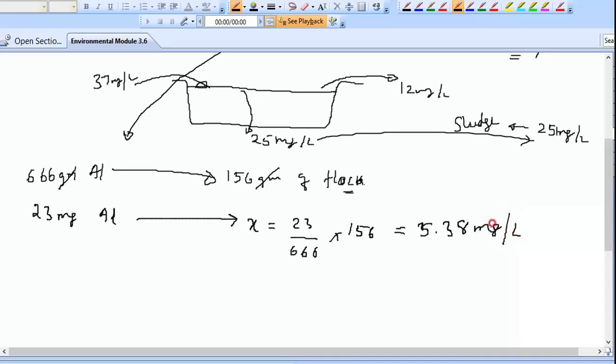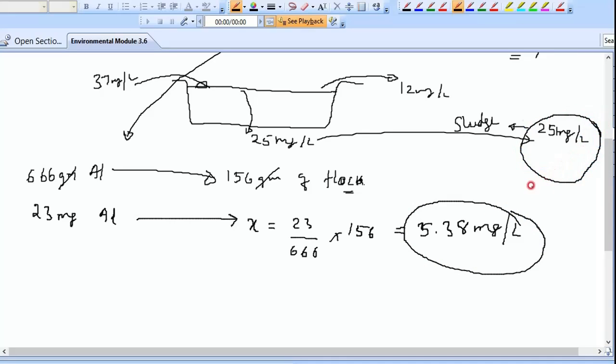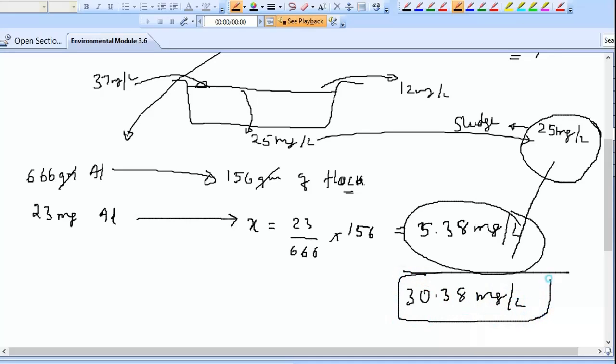This 5.38 is what? This is a flock, and this 25 is what? This is also sludge. Now these two will be added and we will get 30.38 mg per liter settles down. 30.38 mg per liter settles down.